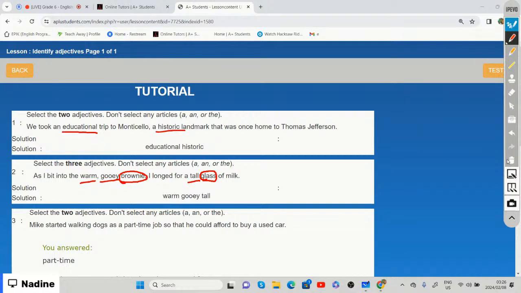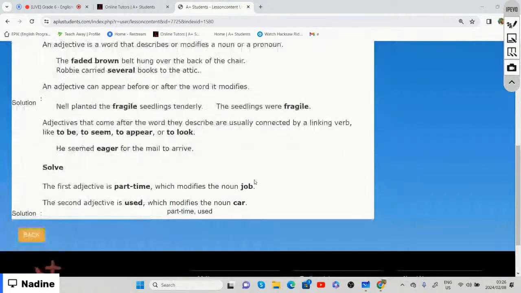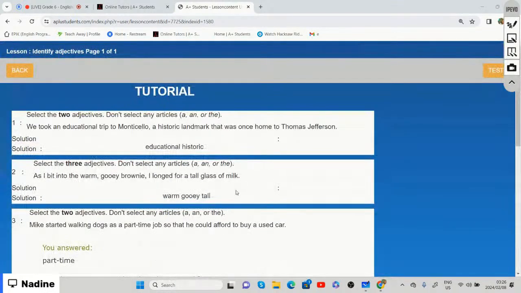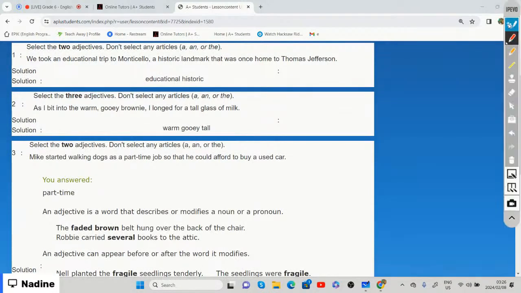All right. So now we need to find our adjectives within the third one, where we said that we need to select two adjectives, right? If we select the two adjectives, the first one is that job is the noun, but we have a part-time job. That is the first one.